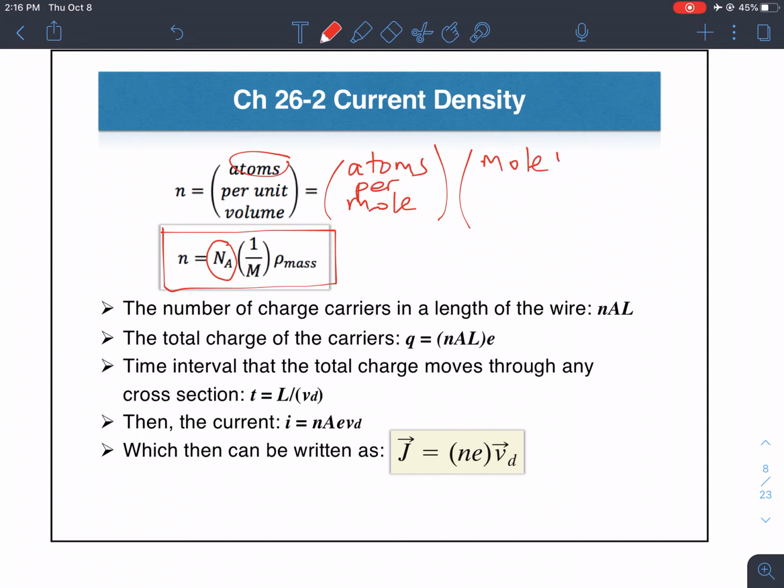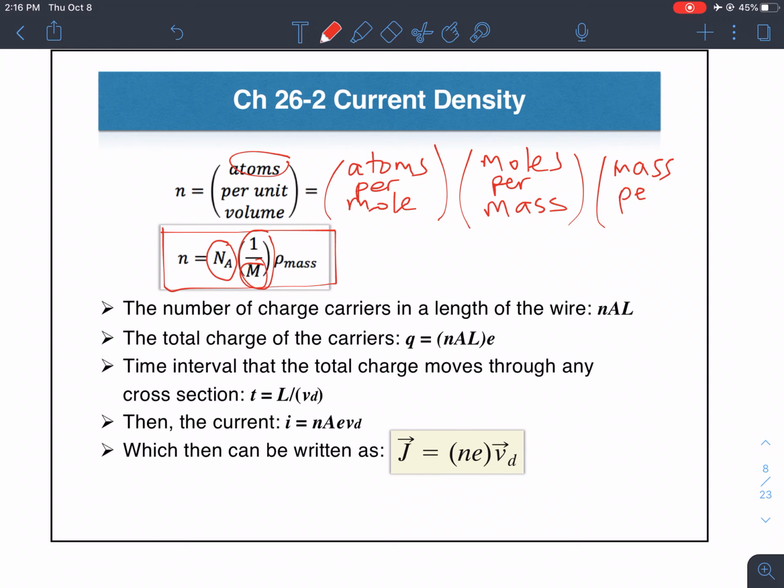Moles per mass I'm gonna use, and that's the molar mass, but it is 1 over molar mass because it's mass per moles, capital M, molar mass. So moles per mass is gonna be the inverse of that, and that's why we have 1 over M. Okay, again, this is from the chemistry that we use, and the rho here says it is the mass density.